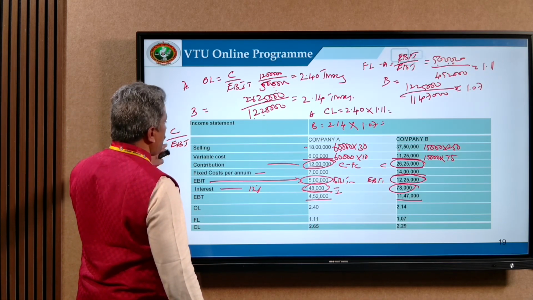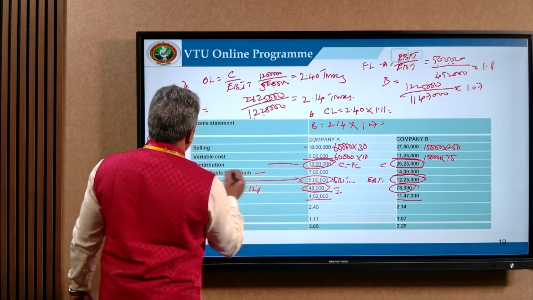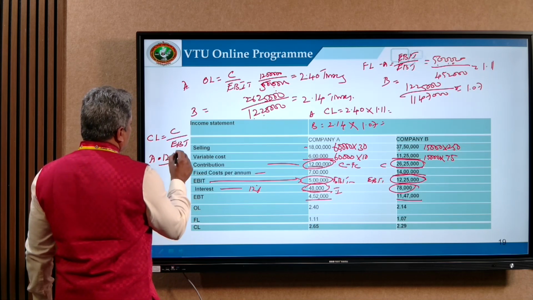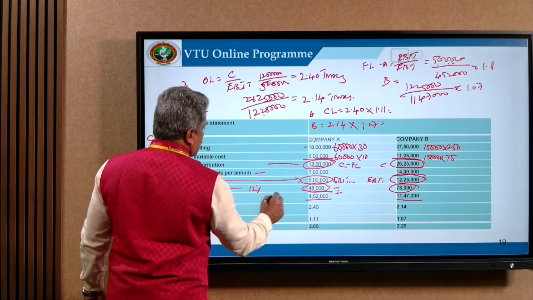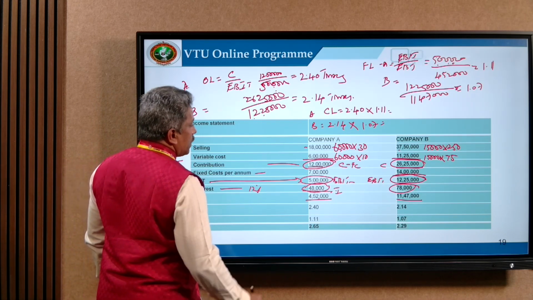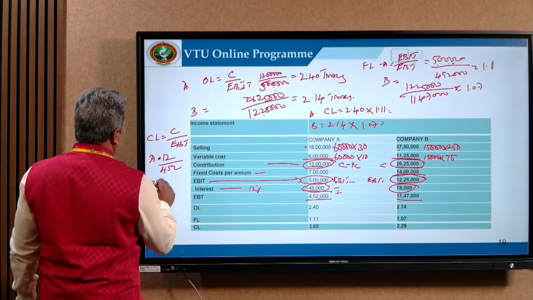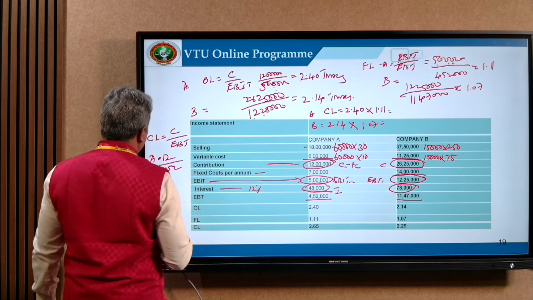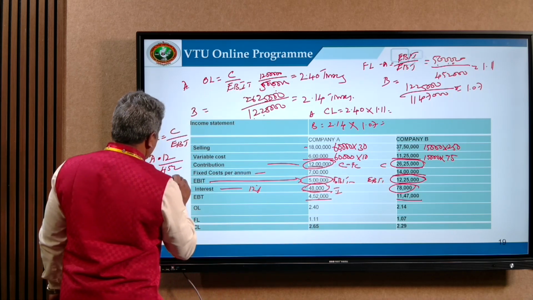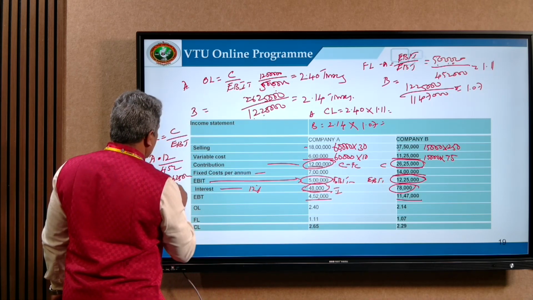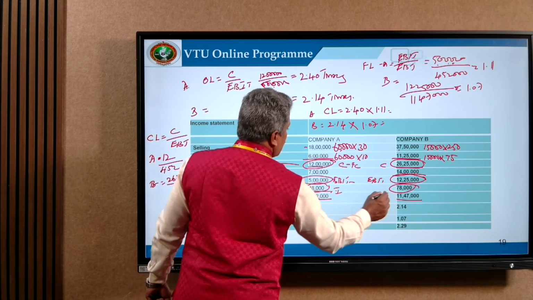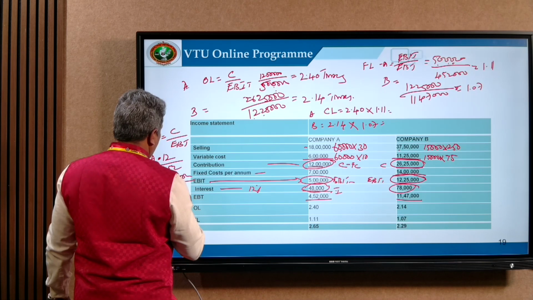For company A, contribution is 12 lakhs divided by EBT 4 lakhs 52,000, and same way for company B, contribution 26 lakhs 25,000 divided by EBT of company B, 11 lakhs 47,000.